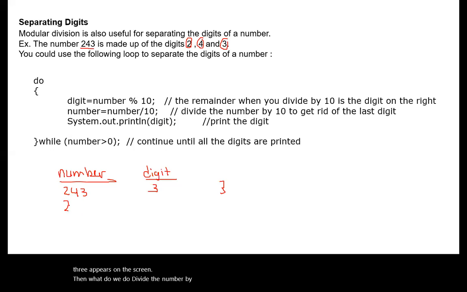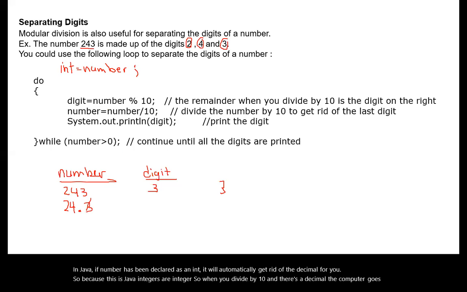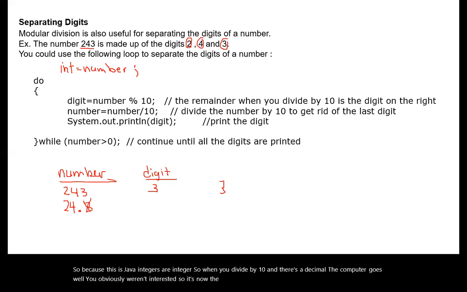When you divide 243 by 10, you get 24.3, except in Java, if number has been declared as an int, it will automatically get rid of the decimal for you. So because this is Java, integers are integers. And when you divide by 10 and there's a decimal, the computer goes, well, you obviously weren't interested. So it's now the number 24.